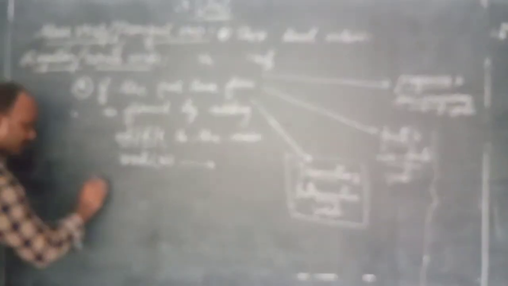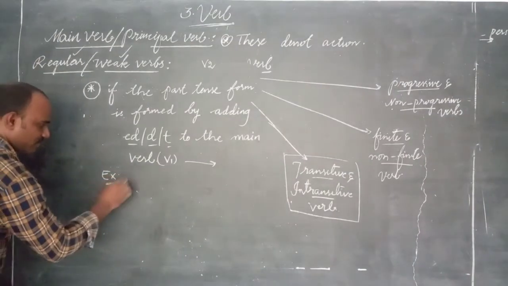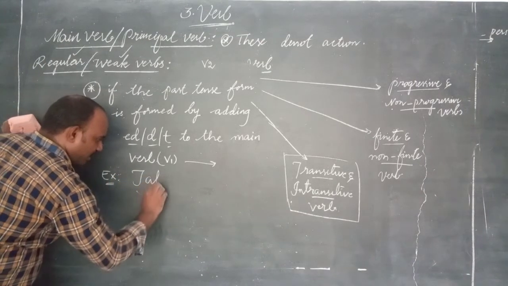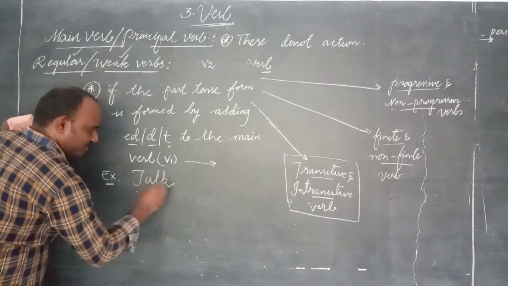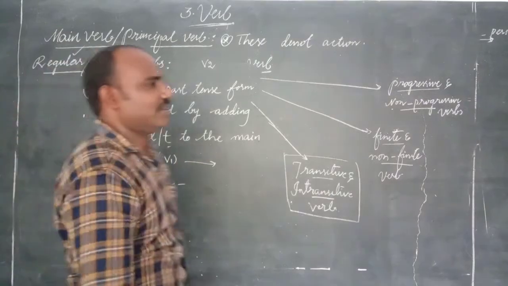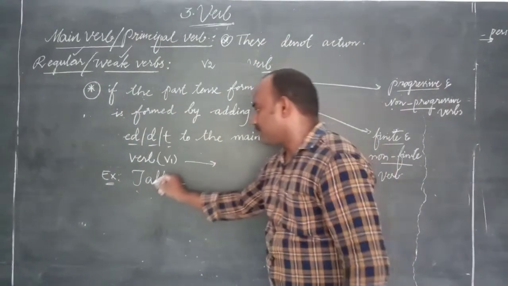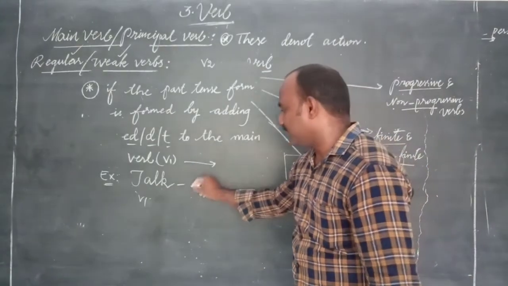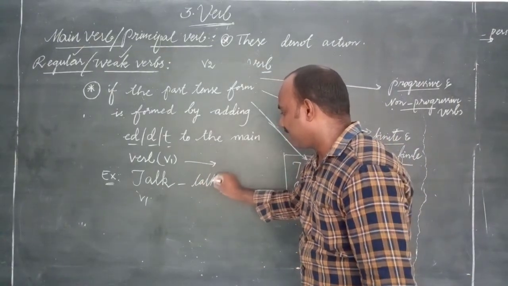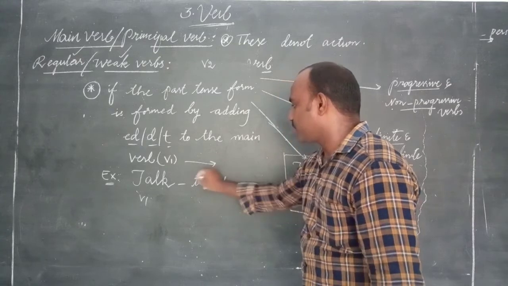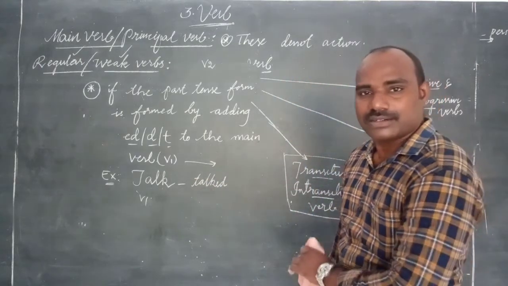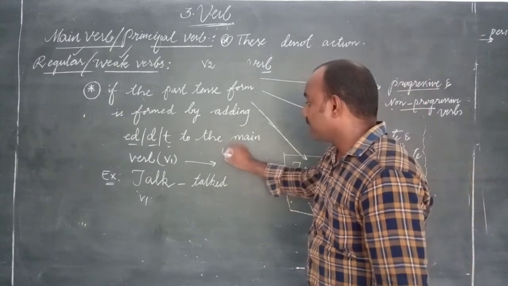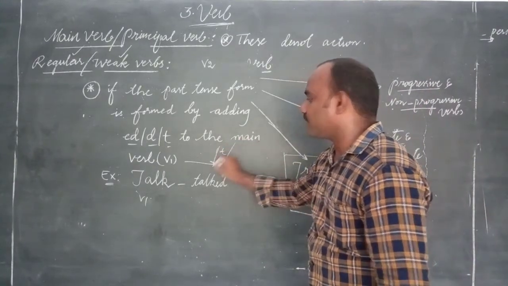For example, talk. Look at this, of course, verb 1, present tense form. The past tense form of this one is talked. It should be pronounced as talked, with a T sound.